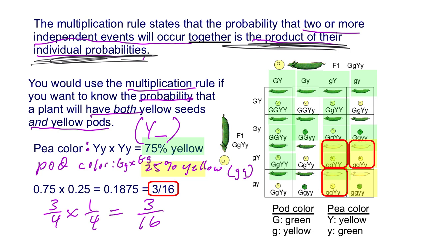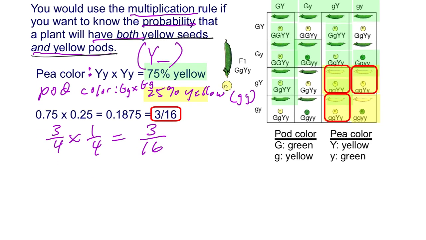For example, what if I ask you, what would be the chance that a plant would have both yellow seeds and yellow pods?